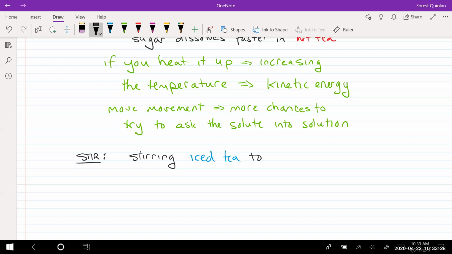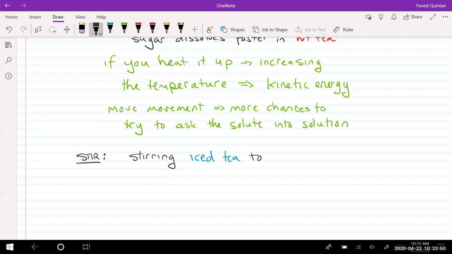All right. So we all know that if you want your sugar to dissolve faster, you're going to put it in the hot tea versus the iced tea. But you still want your sweet iced tea. So what do you do? You dump in your sugar. It goes straight to the bottom of the container, and then you stick your wooden spoon in there and you whip it until it finally goes into solution.